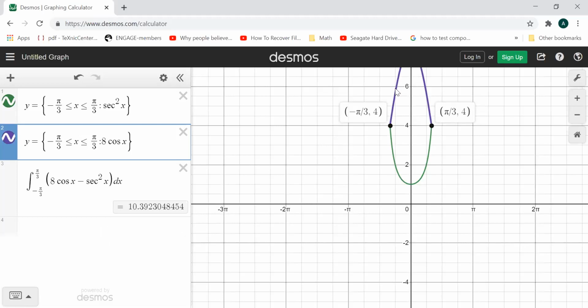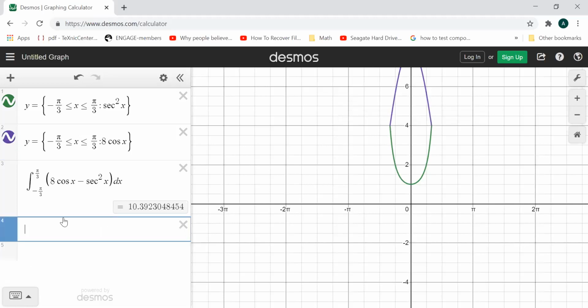Oh, 8 cosine is the top. Okay, that's interesting. Got this thing here at the bottom, minus secant squared. All right, so let's calculate 10 square root of 3. Okay, that's not the same answer. So I calculated that incorrectly. Sorry about that, folks.